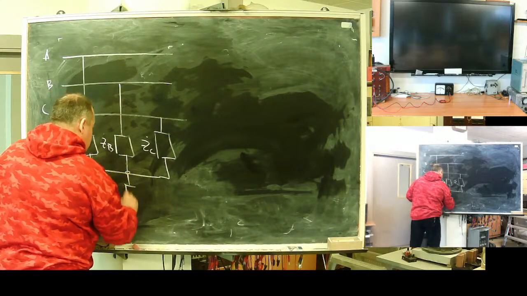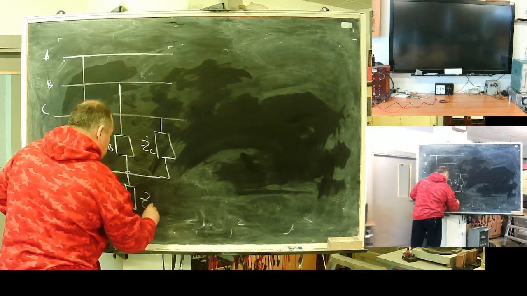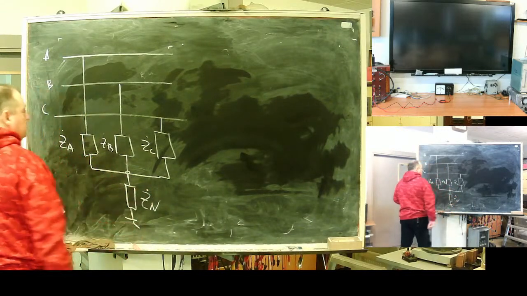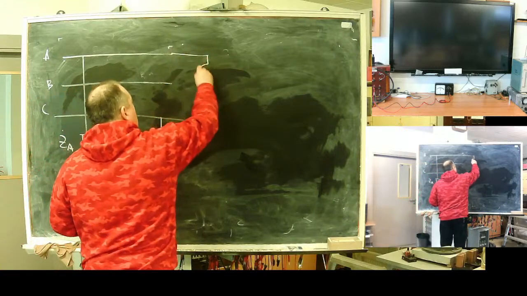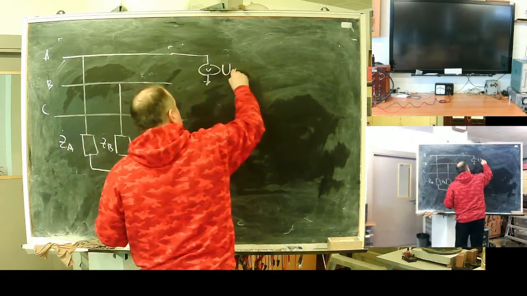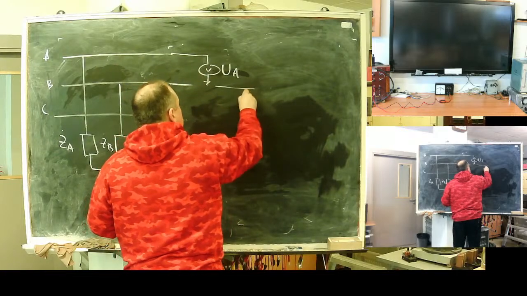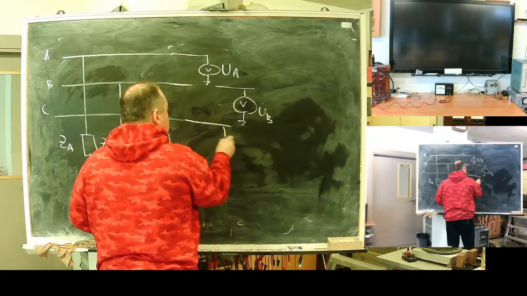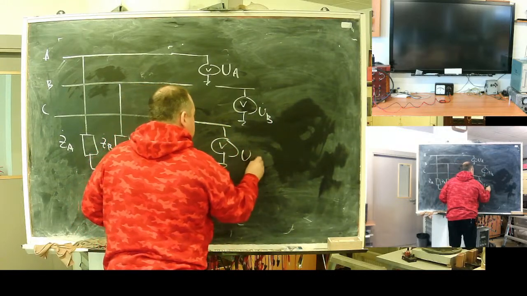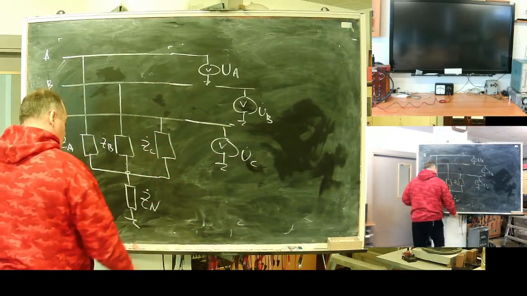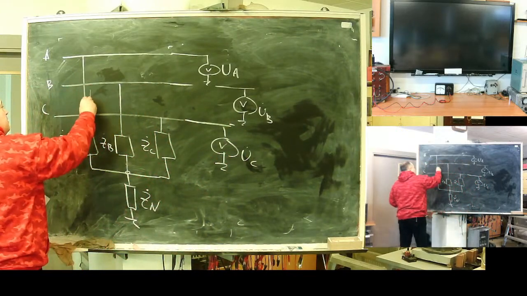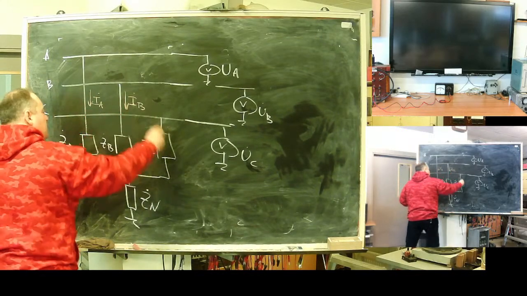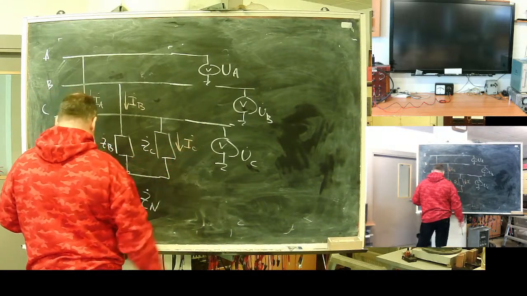And all this is grounded through the neutral resistance. I have A phase voltage, B phase voltage, and C phase voltage here. If I have voltage and resistance, there will be A phase current, B phase current, and C phase current.